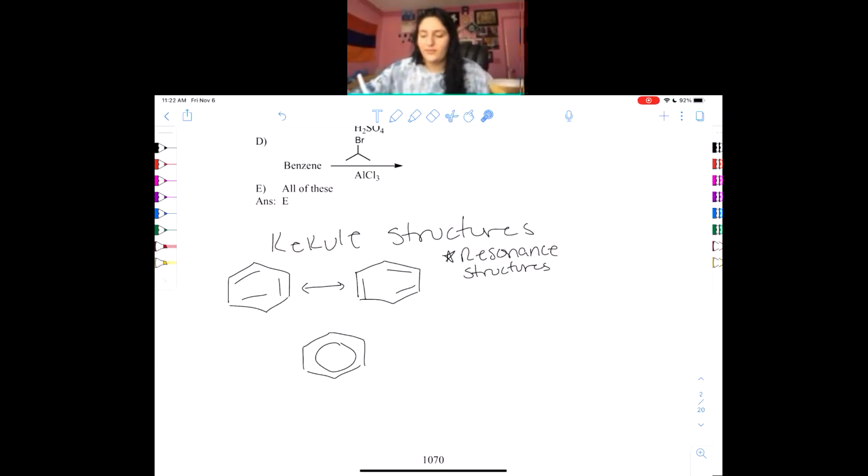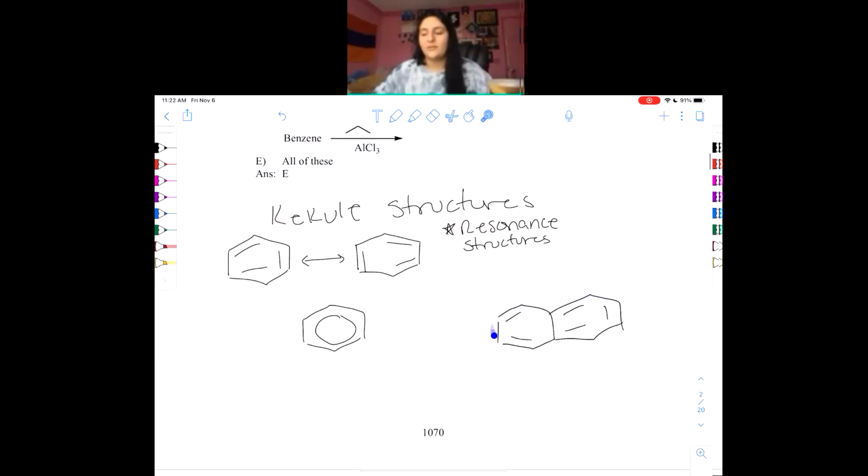If we have a ring like this, it's multicyclic, so just look at this and still be able to tell, hey, this is a multicyclic compound, but it still has to follow the cyclic, planar, fully conjugated rule in order to be aromatic. And then if you count the number of electrons, we know we have 2, 4, 6, 8, 10. 10 follows the 4n plus 2 rule, so this would be aromatic. That's pretty much the extent you have to know.